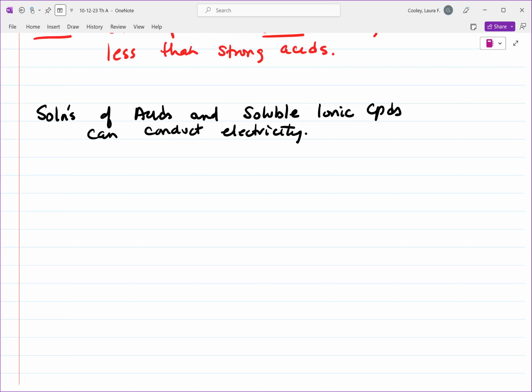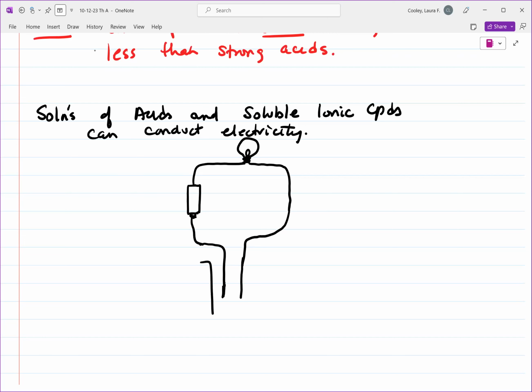Let me show you this apparatus. This apparatus is how you could tell if a solution conducts electricity. Here's a battery, and the battery has wires coming out of it. Over here, it goes up to a light bulb, and then it comes down, and these wires go into a beaker. There's a solution in the beaker.